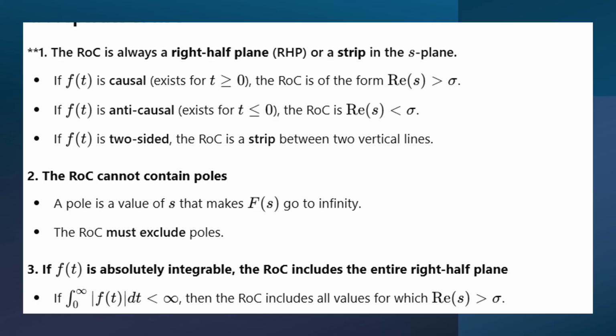Similarly, you can check out some more properties. If you want to find the ROC, just make the denominator 0 and find where your s will be defined. Wherever s is valid, that is, integrable for that particular function, is called the ROC.